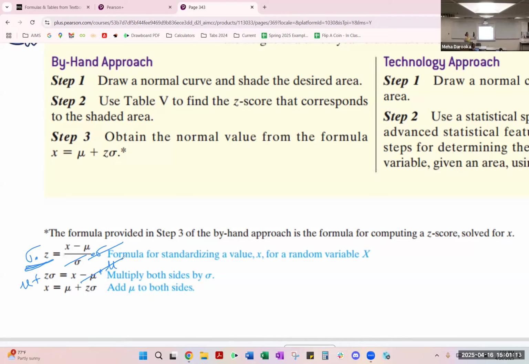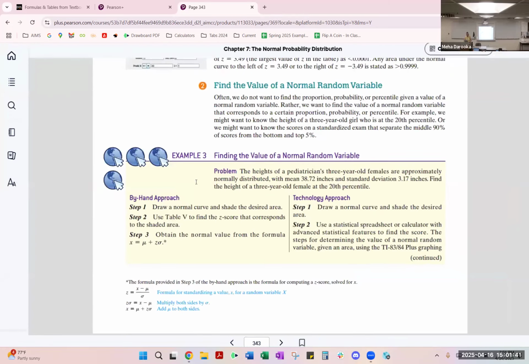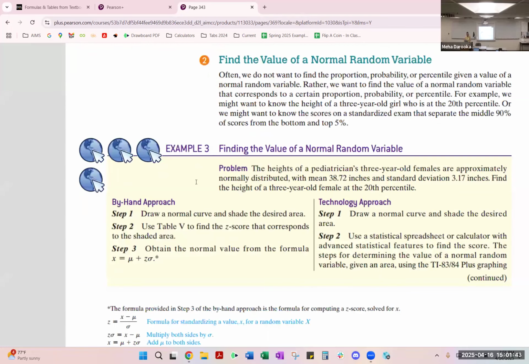Of course, that will cancel on the right-hand side, so you're just left with x on one side. And on the other side, you're left with mu plus z times sigma, which is what we have over here. So they're just showing you, as a footnote, how they came up with the formula for finding the x value. And again, if you know one, you can work backwards to find the other if you're comfortable doing that calculation. So it's up to you if you want to remember 2 different formulas or just use one.